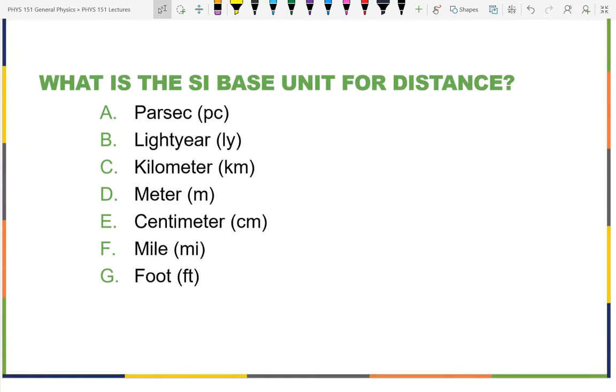Okay, next question. What's the SI base unit for distance? Since a parsec we now know is distance, I put it on this one too. Battery getting low, Trace? No, just doesn't want to accept the answer.